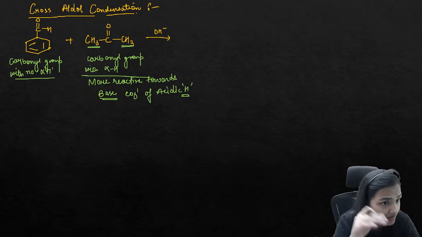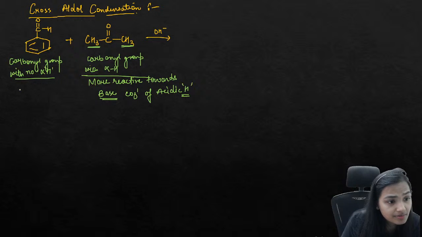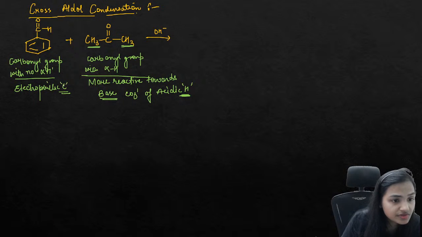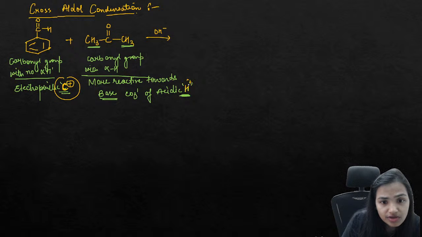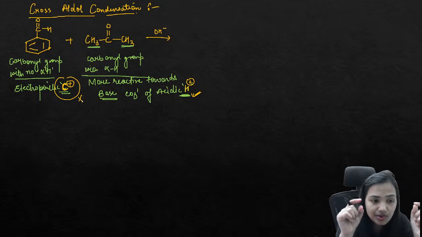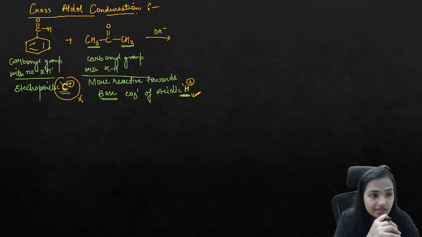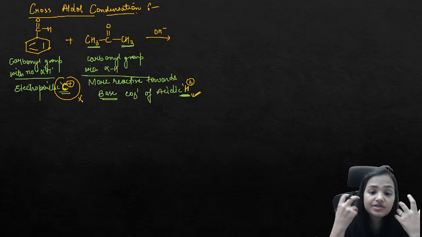Here I am having the electrophilic carbon, but here I am having the H positive. So you tell me, out of these two, the electrophilic carbon, the carbonyl carbon having a positive charge, or the H positive, which is more reactive? This is more reactive than this. So H positive is more reactive than the C positive, rather than the carbonyl carbon, H positive is more reactive.